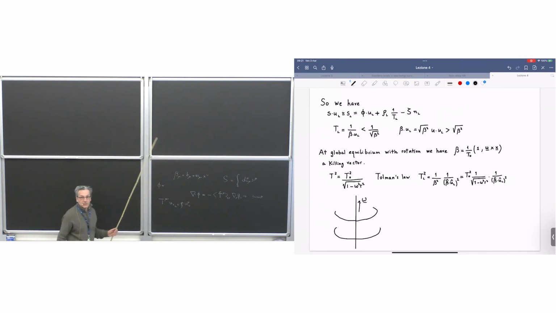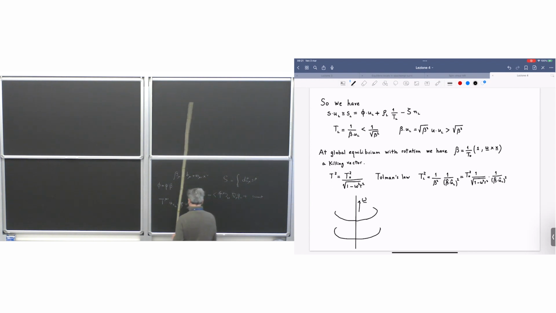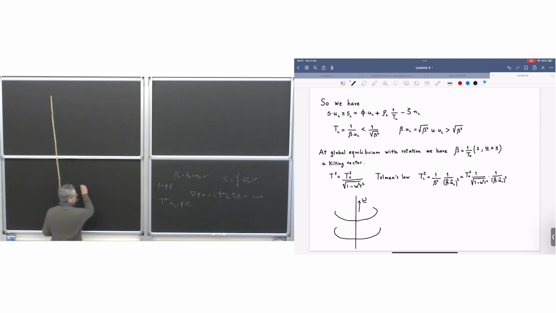Then in this case, this would become P_L divided by T_L. So we will get s_L equal P_L divided by T_L plus rho_L divided by T_L minus zeta n_L.